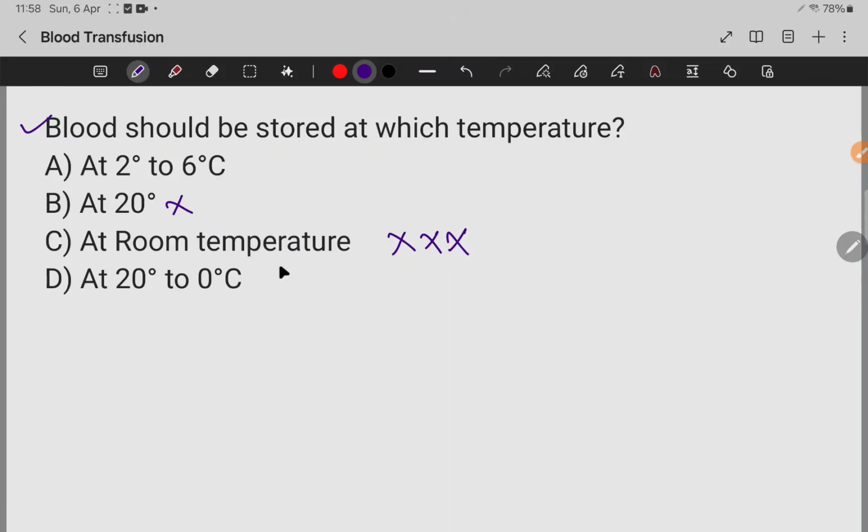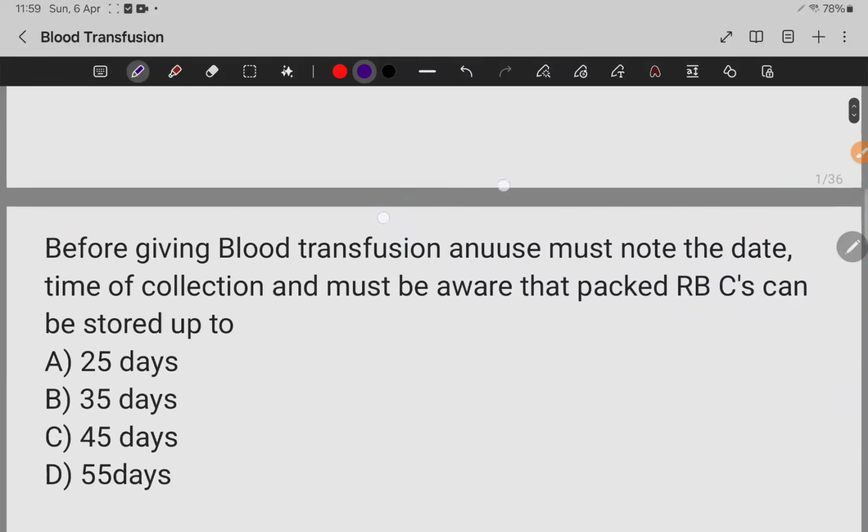So not at 20, not at 20 to 0, but 2 to 6. This is the correct option. Generally blood is stored between 1 to 6 degrees in the refrigerator.